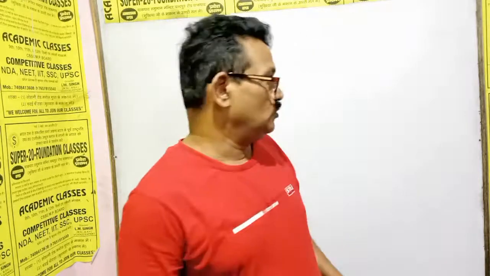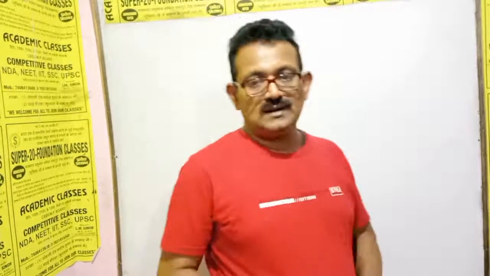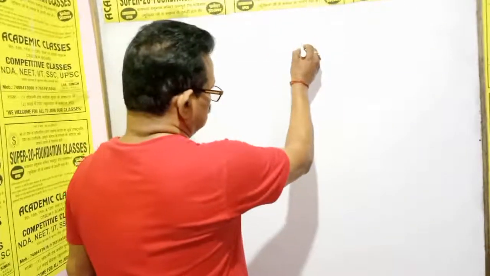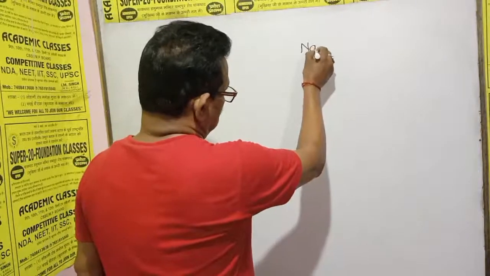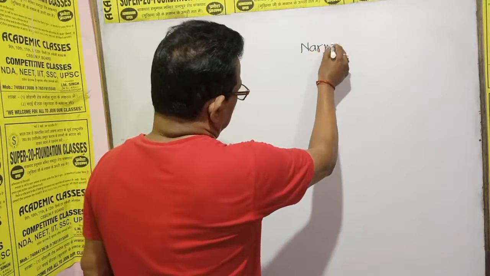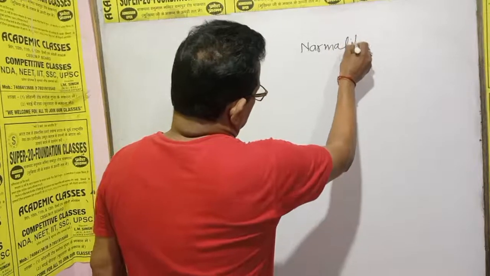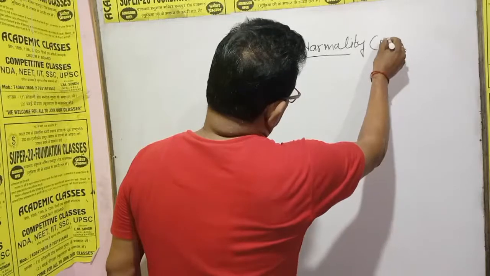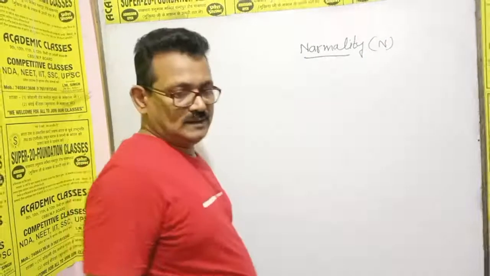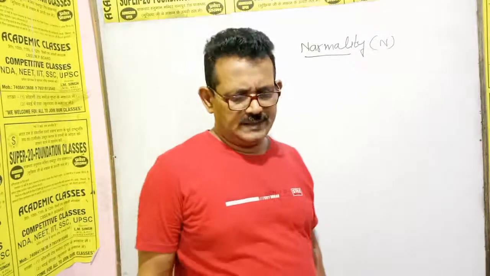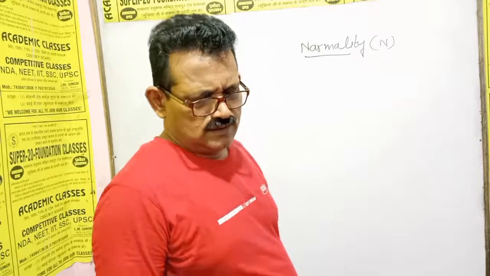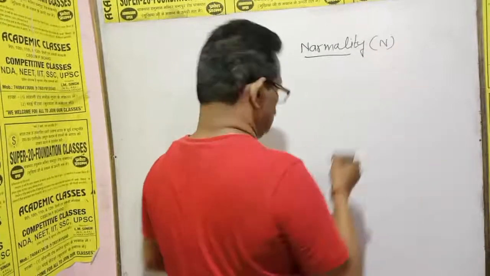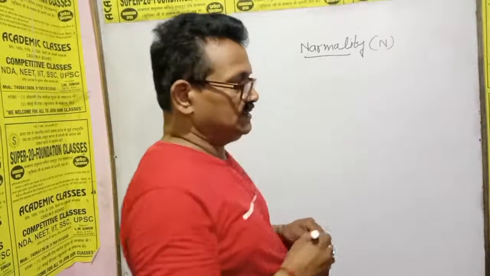Normality is represented by capital N. Okay, students, when you see capital N in solution terms, it means normality.